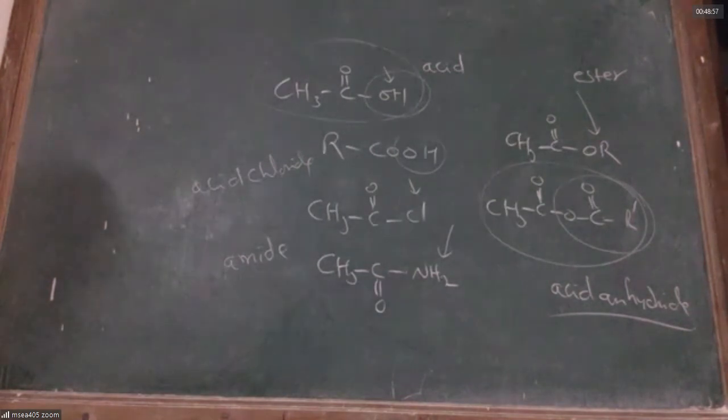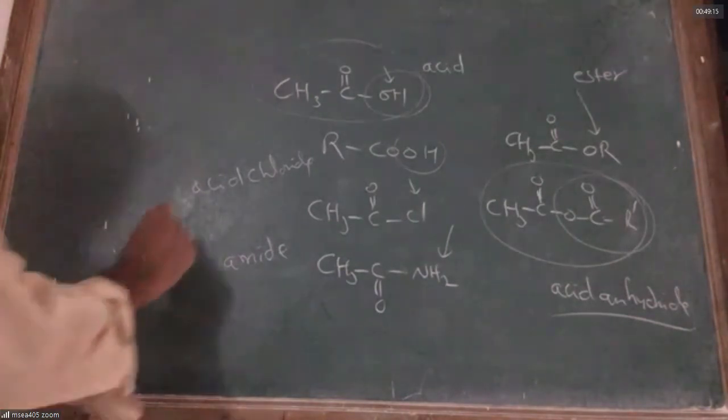Carboxylic acids are the compounds which have RCOOH. If the OH minus of a carboxylic acid is replaced by different groups like Cl minus, NH2 minus, RO minus, or RCOO minus, I get acid derivatives.